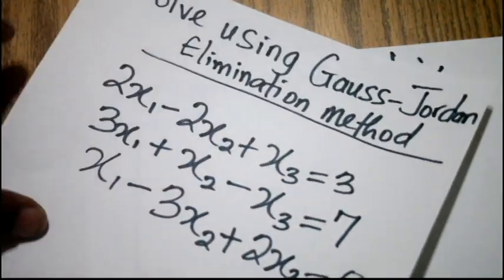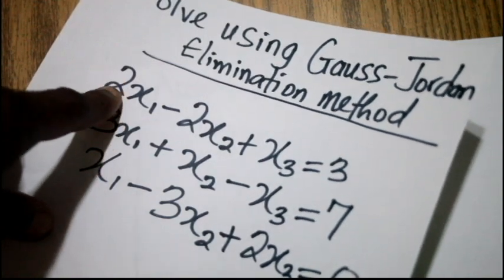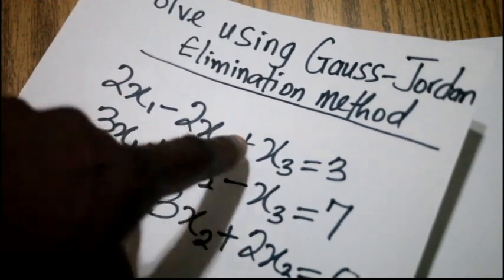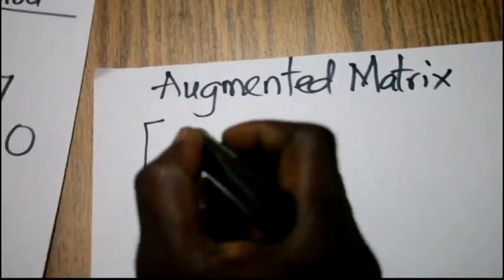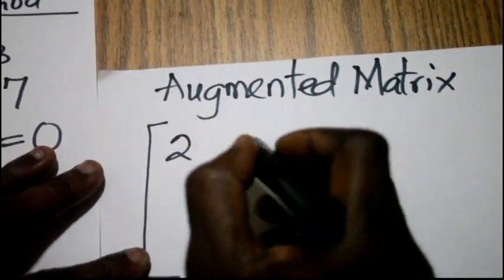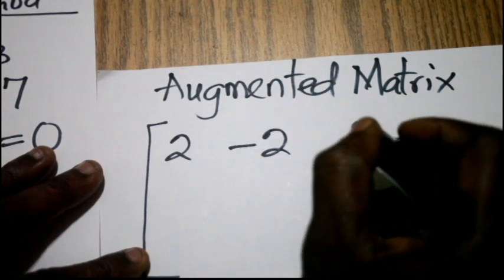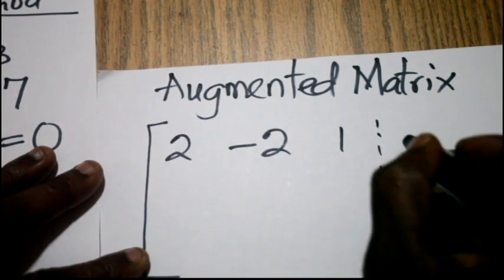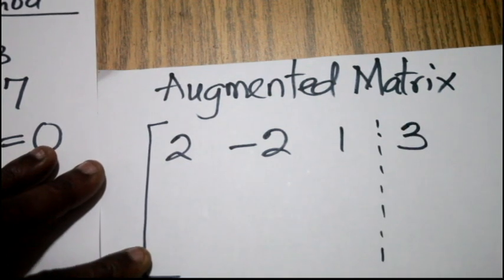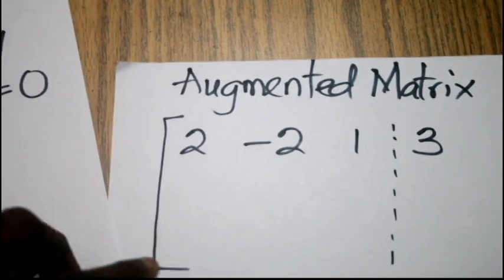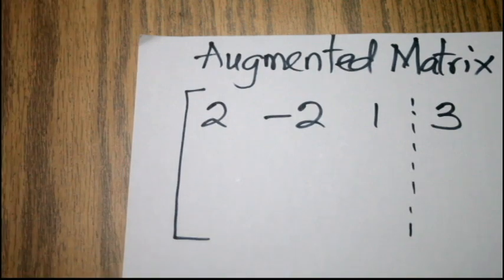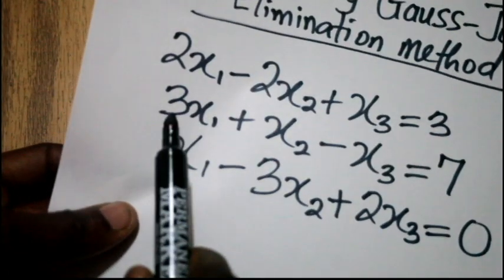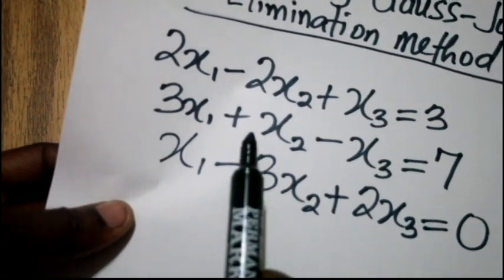Just like I said, for the first row, I have 2, negative 2, and 1, then 3. So I'm going to write it out this way: 2, negative 2, 1. Then for the augmented part, I put a dotted line, then write 3 on that side. For the second row, I have 3, 1, negative 1, and 7.